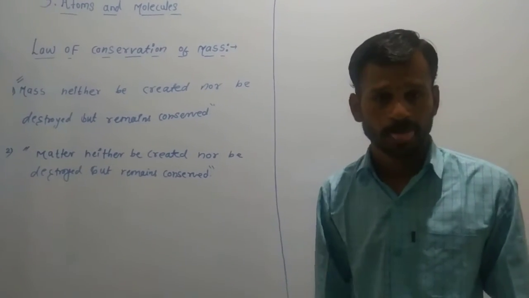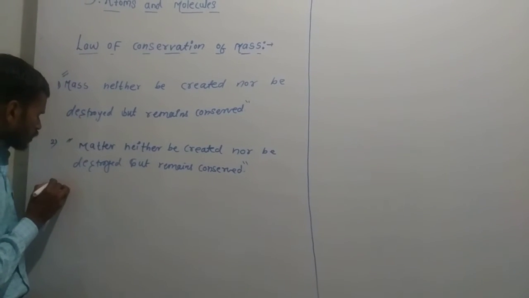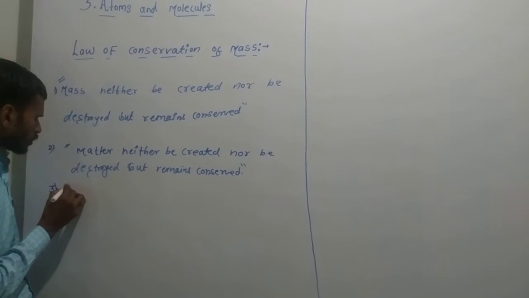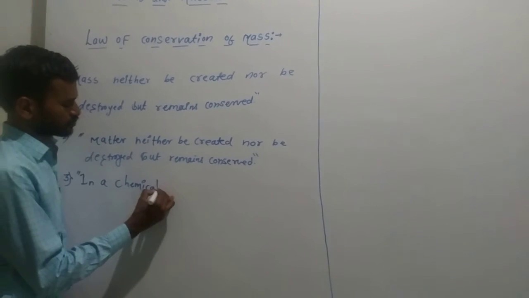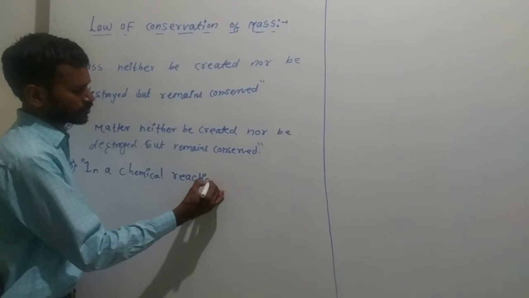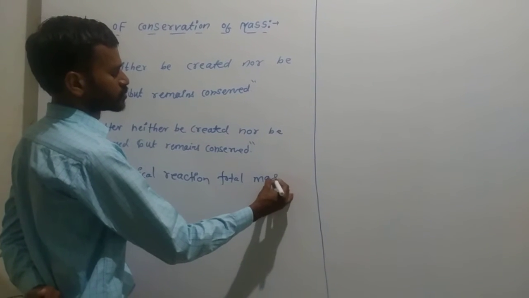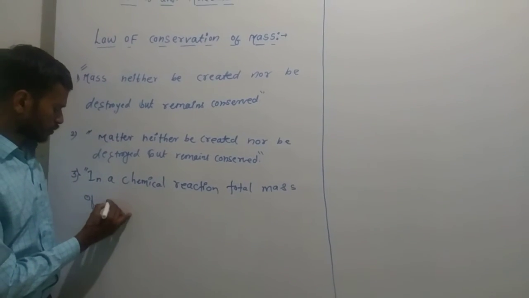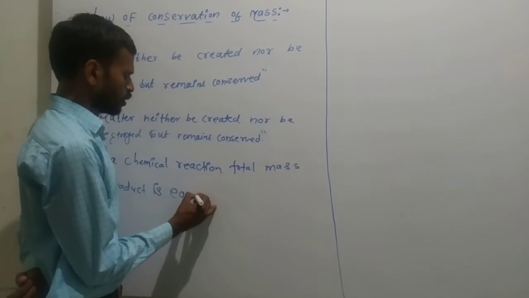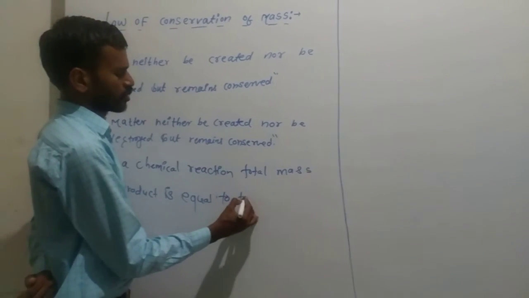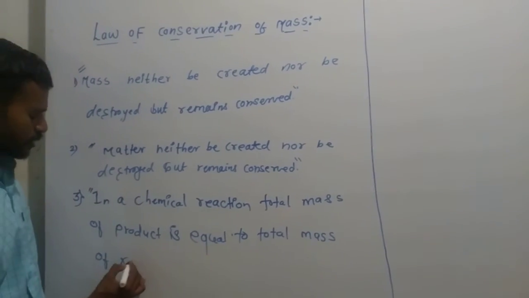That is the third statement. The third statement is that in a chemical reaction, the total mass of product is equal to the total mass of reactant.